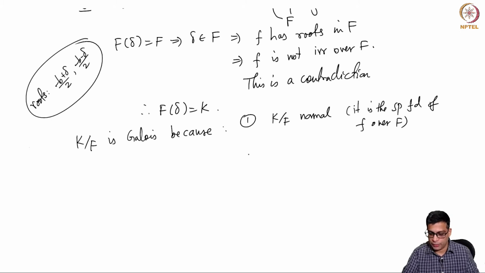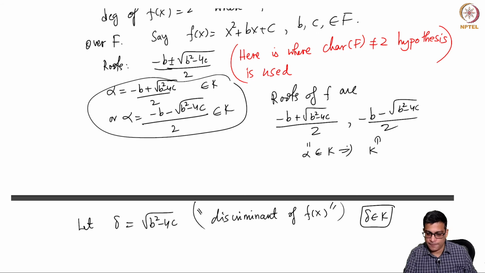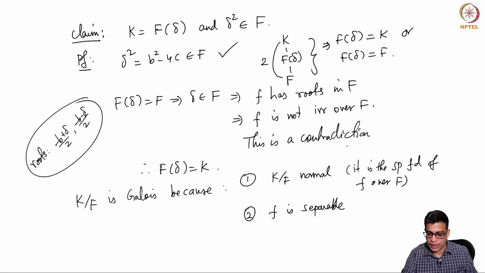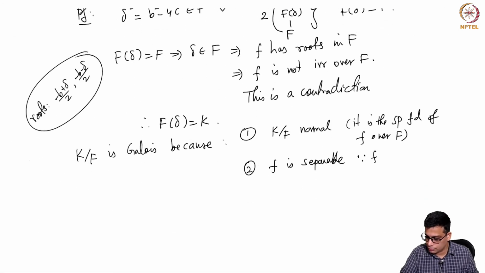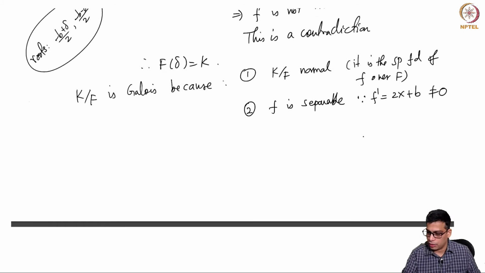So this is the splitting field, and f is separable, because you can check its derivative is non-zero. We know that a non-separable irreducible polynomial must have derivative 0.